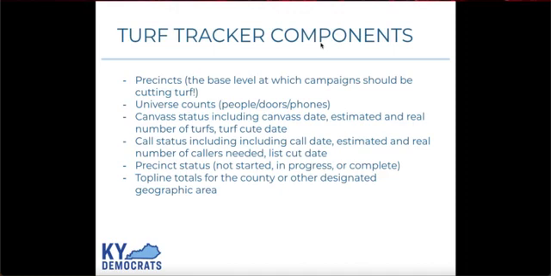Have you started doing voter contact on it or not? So not started, in progress, complete are some of the best ways to do that. And then top line totals for the county. That way you know how many voters, doors, and phones you have overall in the county for your top line tracker that we saw, which was county by county.